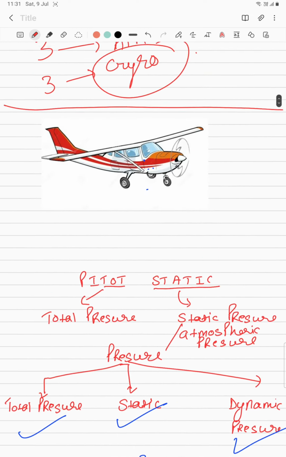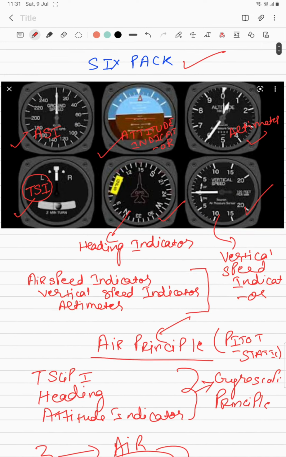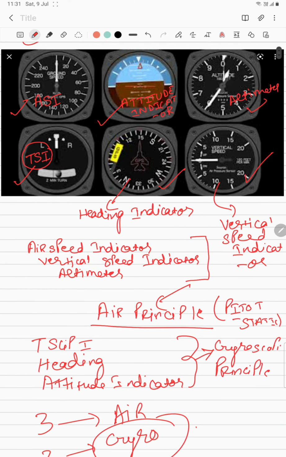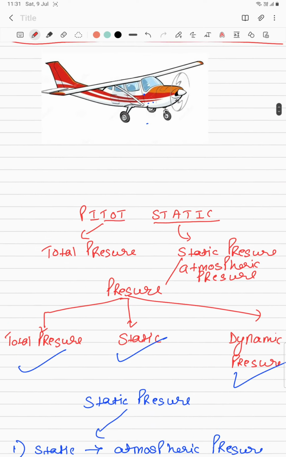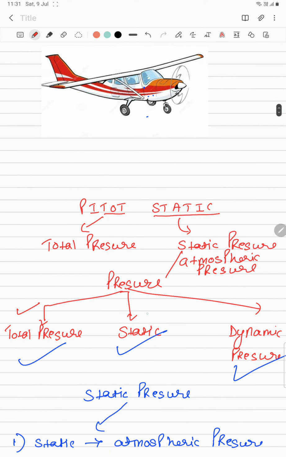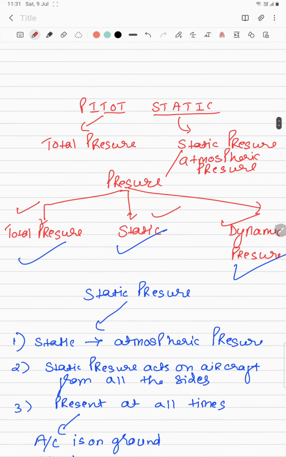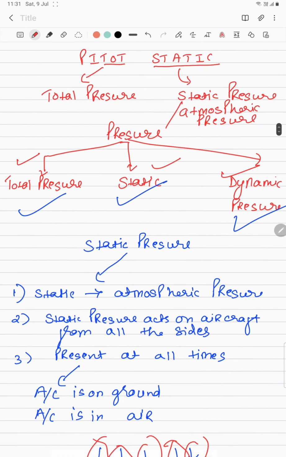For now, just make sure that you know what the six pack instruments are, which instrument uses the gyroscopic principle, and which instrument uses your Pitot principle. What is the Pitot principle? What three pressure types: total, static, and dynamic? What is static pressure? What are the properties of static pressure?